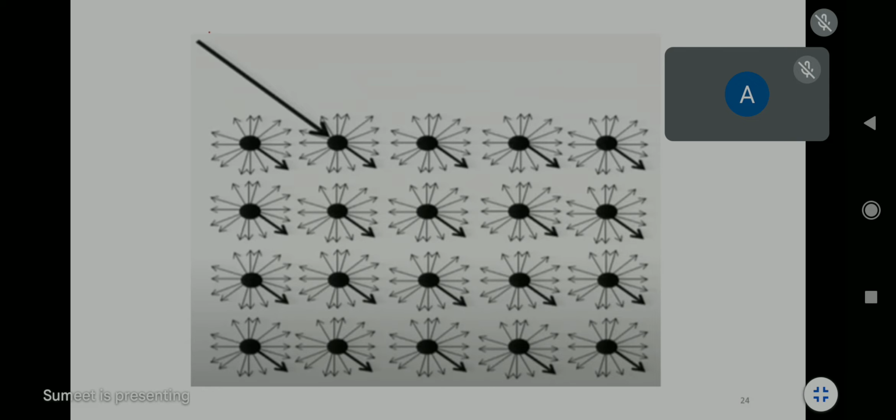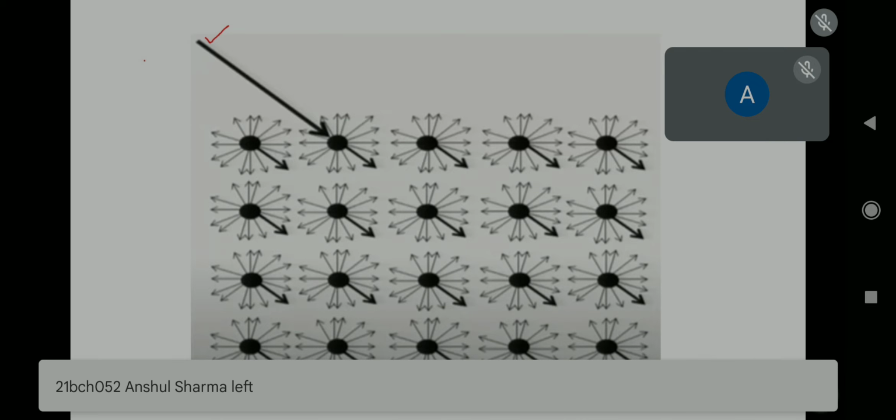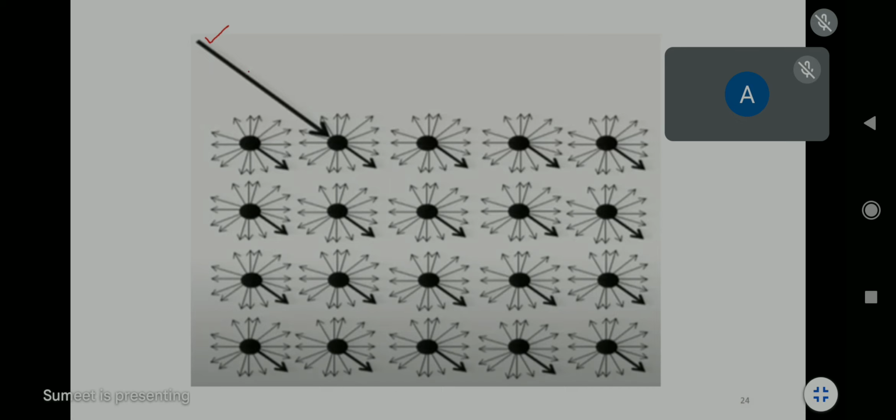Here I am showing only this one way to keep this picture neat and clean. Otherwise, on all these atoms, these X-rays will be falling. So this diffraction will occur in this particular set of planes if this is the incoming X-rays.